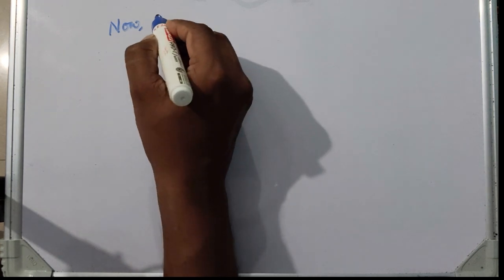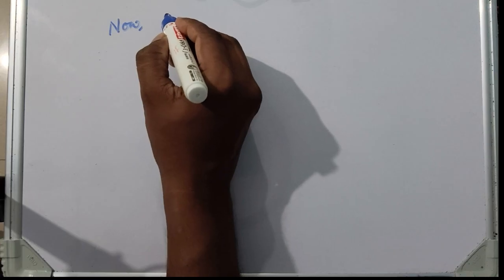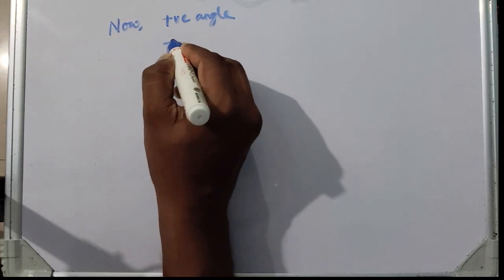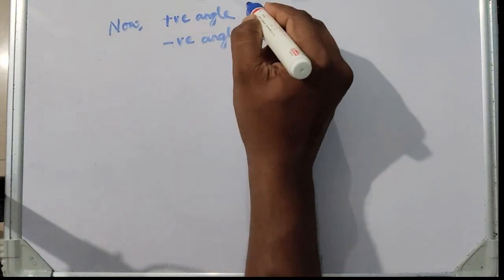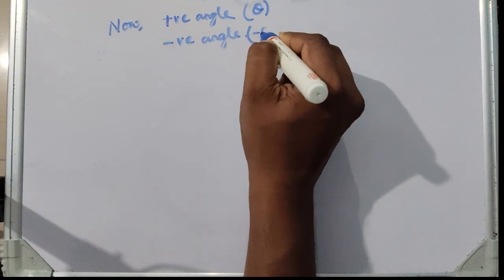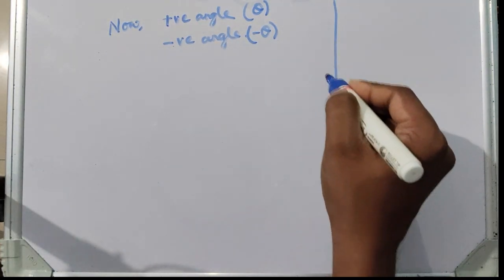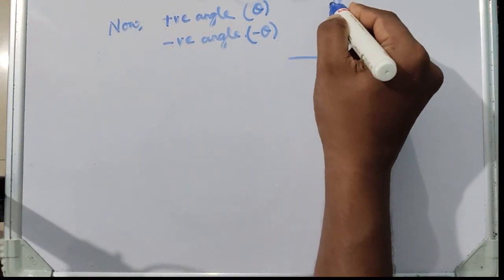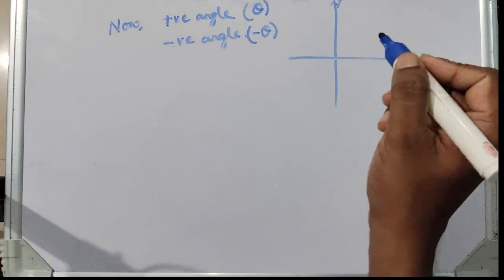Now we know what is positive angle, we know what is negative angle. So can we represent positive angle theta and negative angle theta in a coordinate axis? This is our x coordinate, this is our y coordinate. So what is positive angle here?